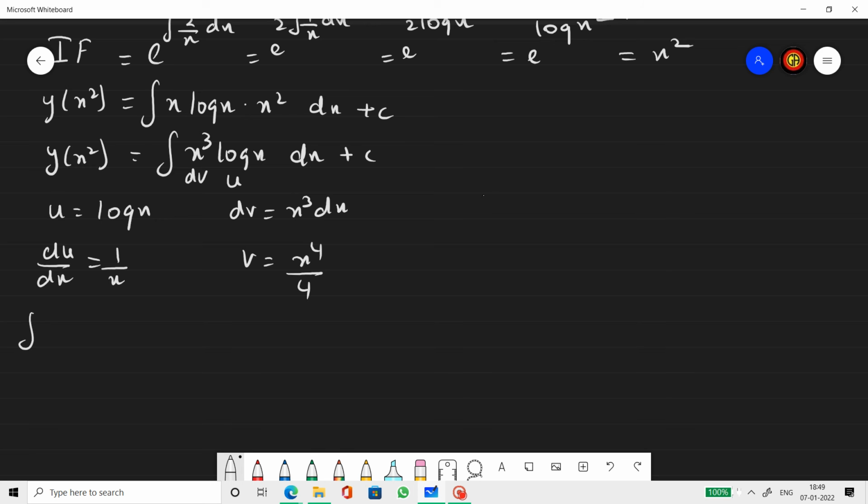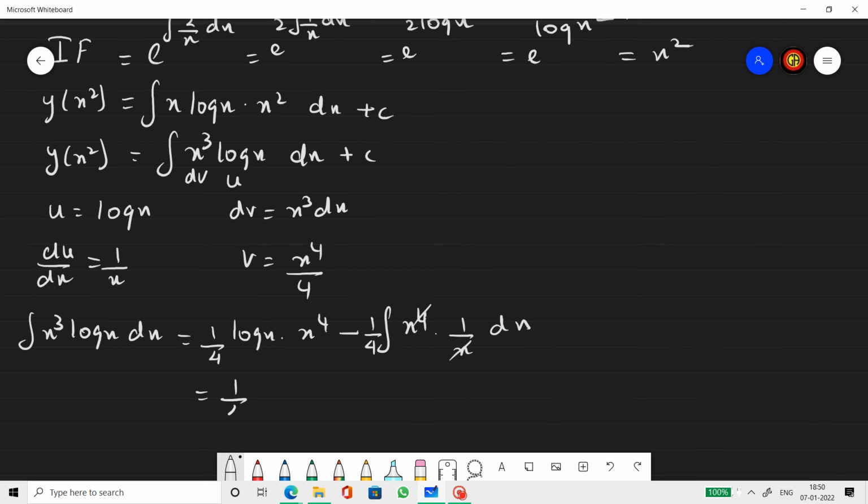So integration of x cube log x dx, or I1, equals uv, which is 1 by 4 log x into x power 4, minus integration of v du. I'm taking 1 by 4 out, v du, which is 1 by x into dx. X power 4 and x will get cancelled.